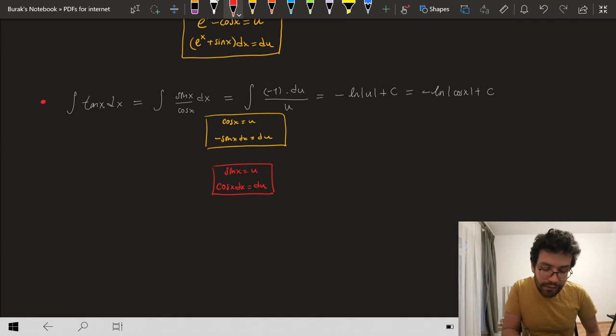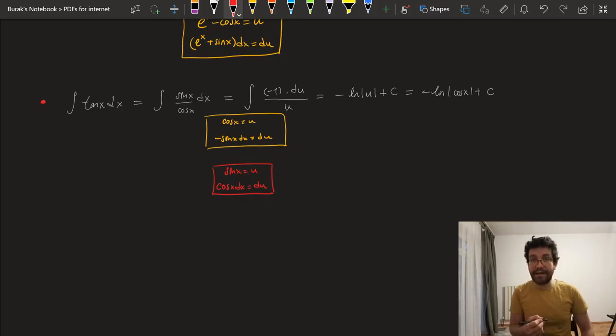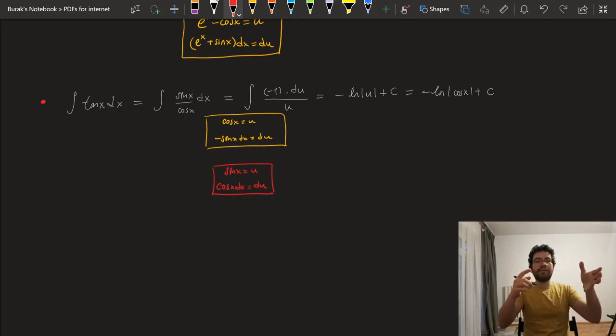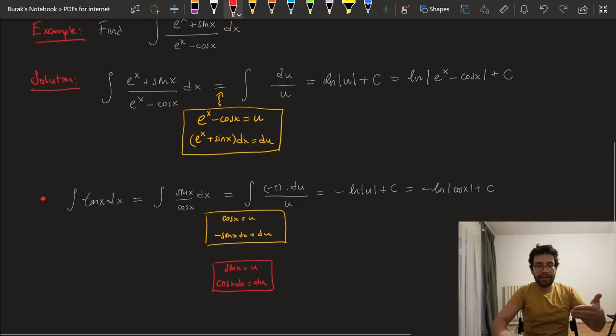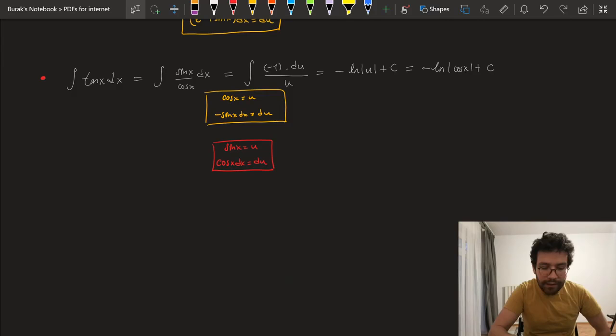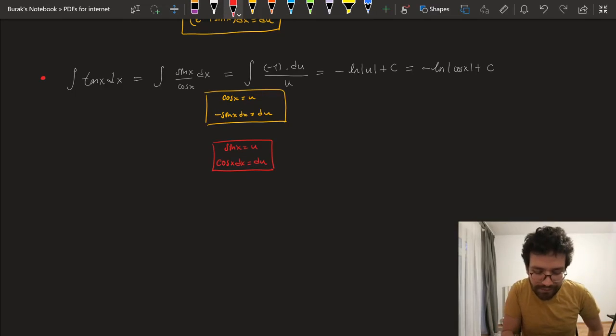So you don't have cosine of x dx here, you have dx over cosine x. So when I said you look for an expression whose derivative is also seen in the integrand, it should be seen as a factor of the integrand, like it should be blah blah times your derivative dx. So you're looking for this expression. Even though you see the derivative of sine in this integrand, it's in the denominator, so it's not going to help.